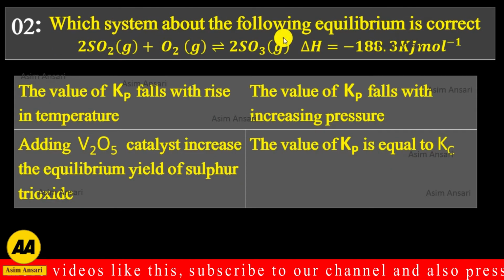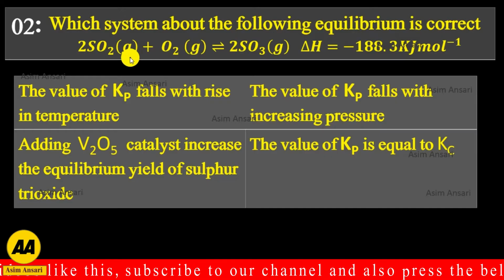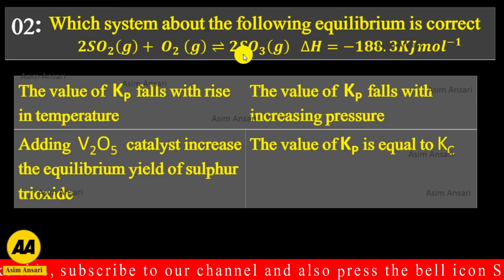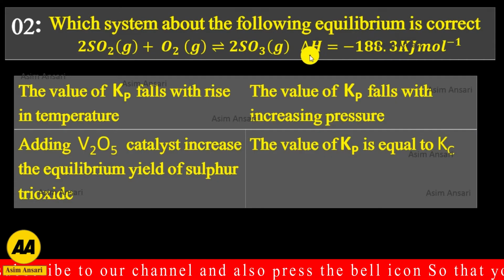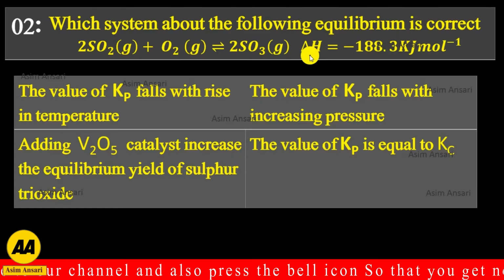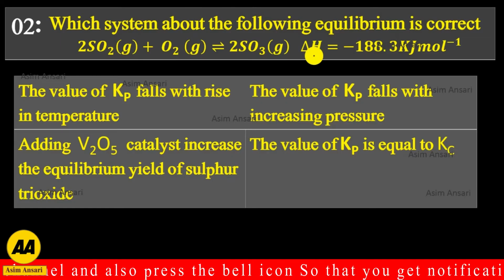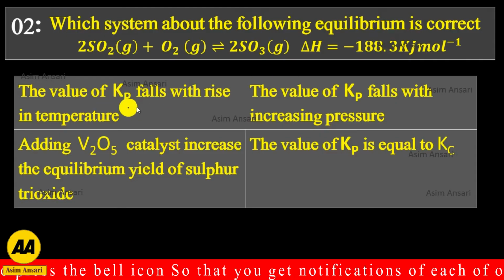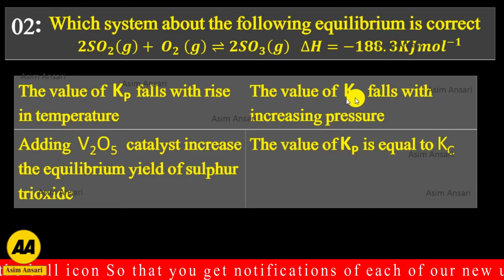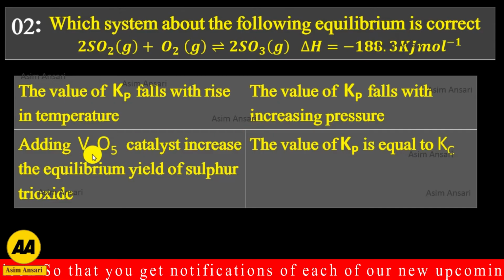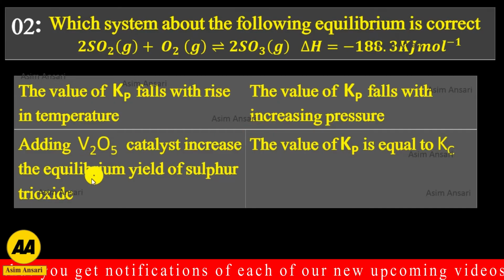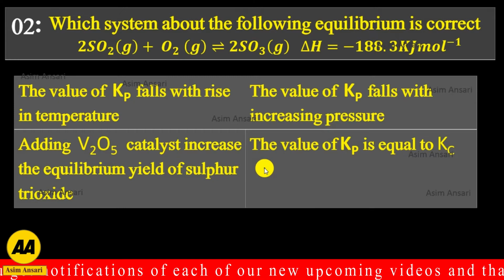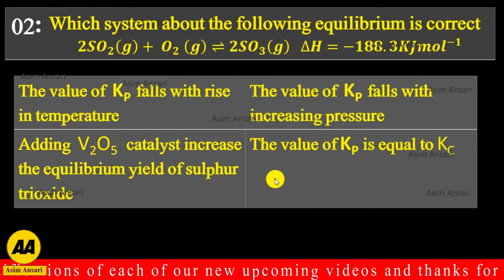Which statement about the following equilibrium is correct? 2SO2 reacts with oxygen to form SO3, and delta H, the amount of heat released in this reaction, is minus 188.3 kilojoule per mole. The options are: the value of Kp falls with rising temperature; the value of Kp falls with increasing pressure; adding vanadium pentoxide catalyst increases the equilibrium yield of sulfur trioxide; the value of Kp is equal to Kc.